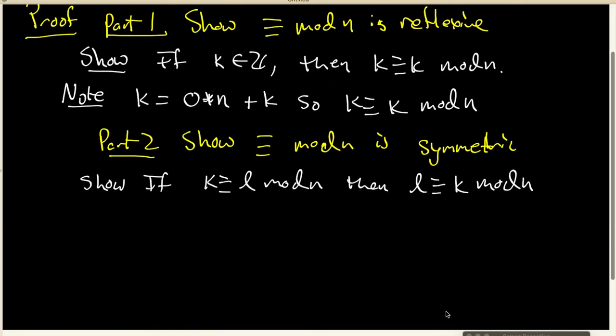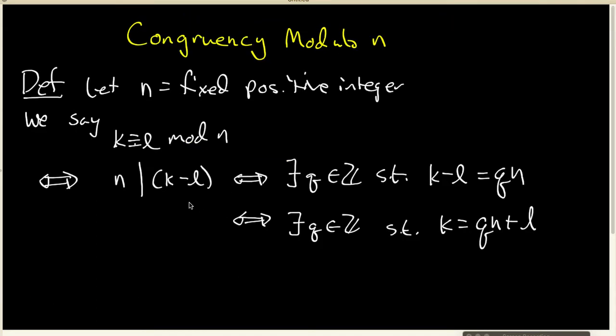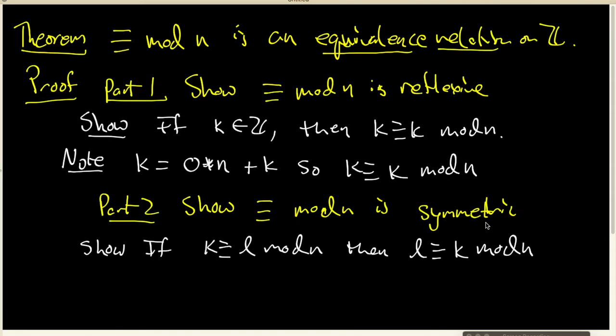Now, in order to do this one, it's easier to use one of the alternate definitions of congruency mod n. And so I want to go back and look at that very briefly. I want to remember that k is congruent to L mod n if n divides k minus L. In other words, if k minus L is equal to some integer multiple of n. And we're going to use that particular property in the proof of part two.